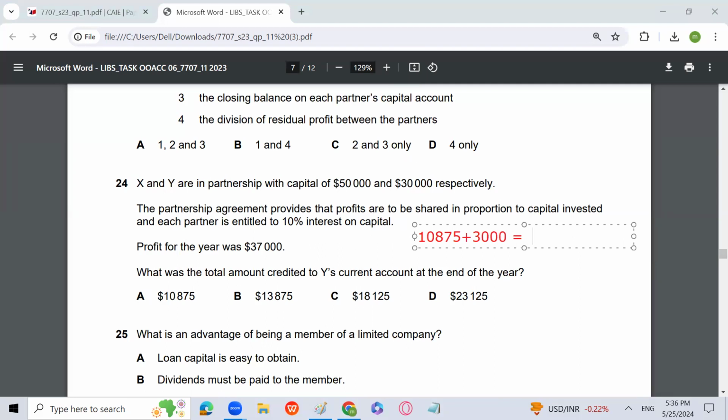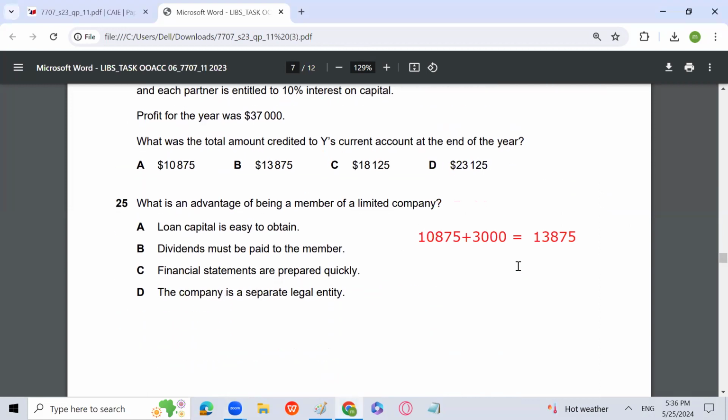There will be no drawings. We have to prepare the current account. Again, you have done it directly without calculating, without writing, so every time you will get the wrong answer. Accounting is a numerical subject, and you always have to do it by writing it and solving it.